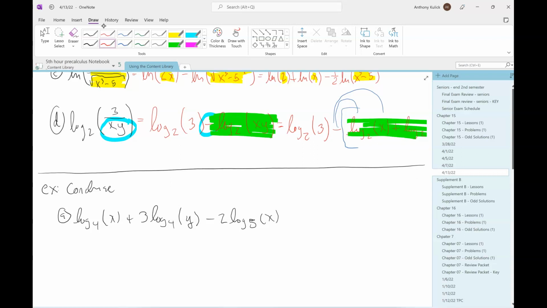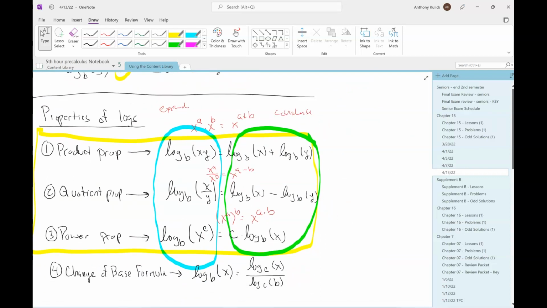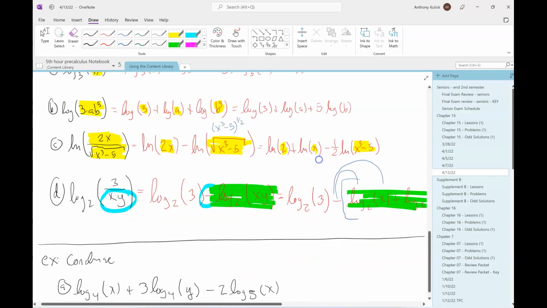Okay, so remember for expanding, we're looking at what's going on inside the logarithm. For condensing, though, we're going to be looking at what's going on outside the logarithm, right? So we're looking at addition, subtraction, and multiplication of a constant. And remember the order in which we do things for condensing. We're going to do power first, then product, then quotient.